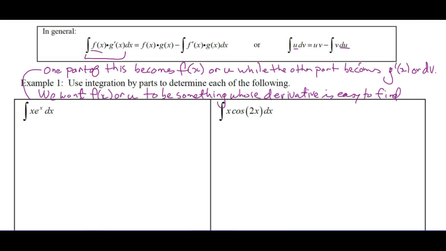And the other one, g prime of x, or dv, hopefully you can squeeze this in. G prime of x, or dv, has an antiderivative, a derivative that is not hard to find.